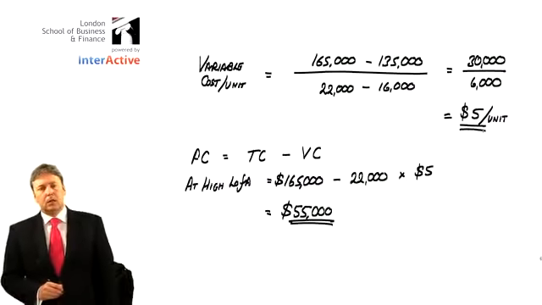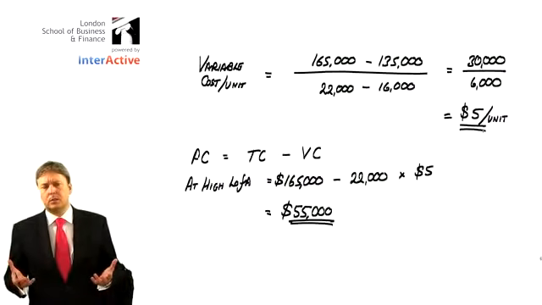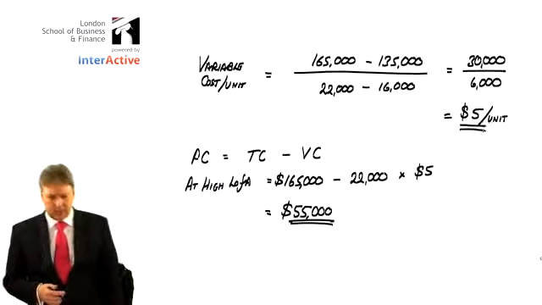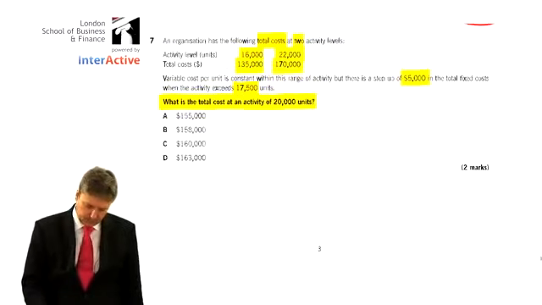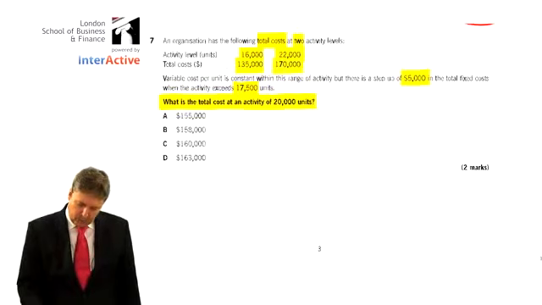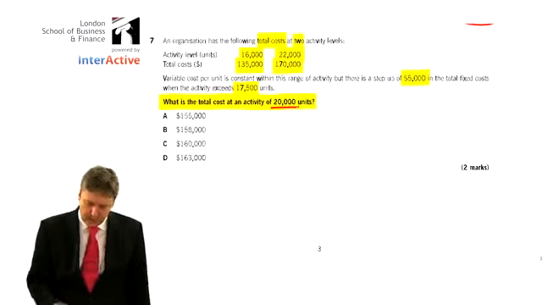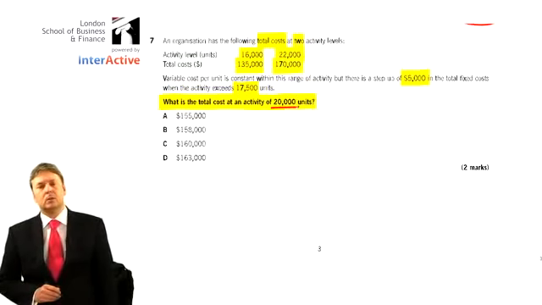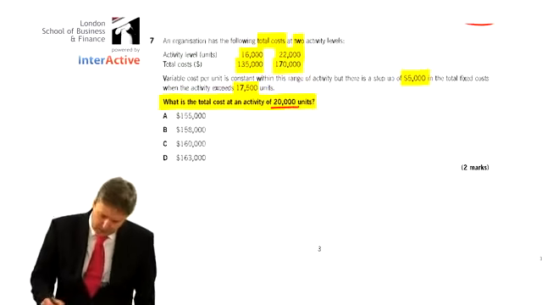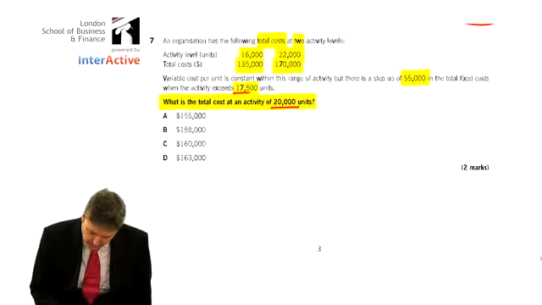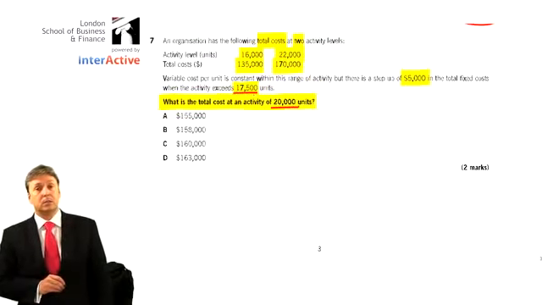Now, given that we've got those two elements, we can now answer the question. Should we go back to the question and decide what it is that the examiner really wants of us? We were asked, what is the total cost of an activity of 20,000 units? Well, please remember that the step cost arises when activity exceeds 17,500 units.